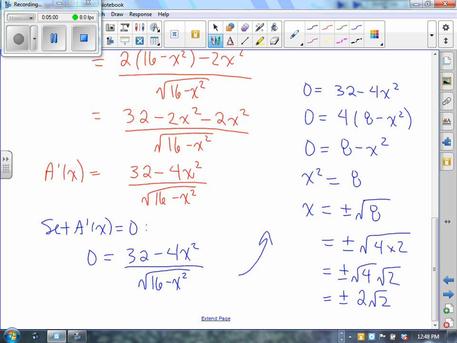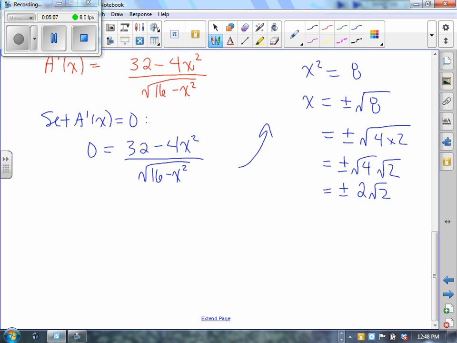So we have plus or minus 2 root 2. Now, also recall that since the domain was specified as this, we know that minus 2 root 2 is inadmissible. So we have to say that this is the case.